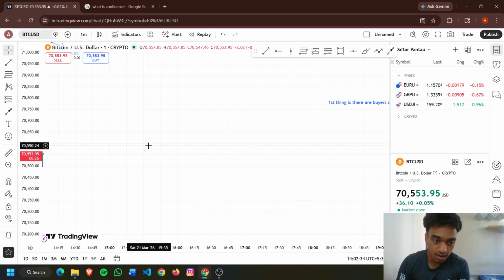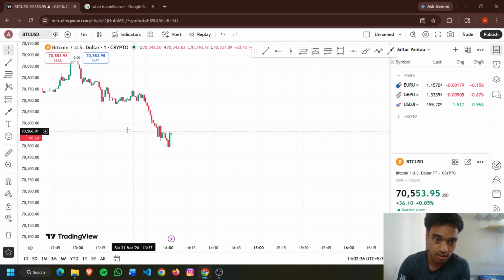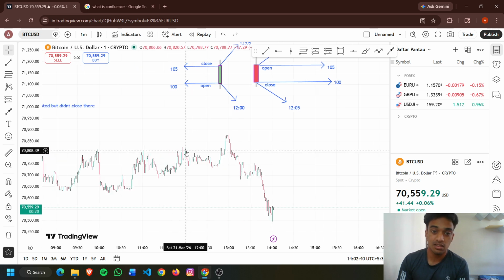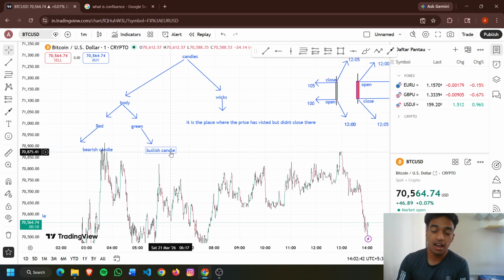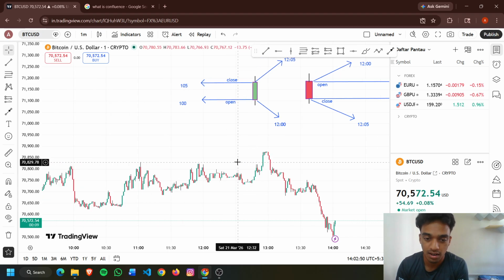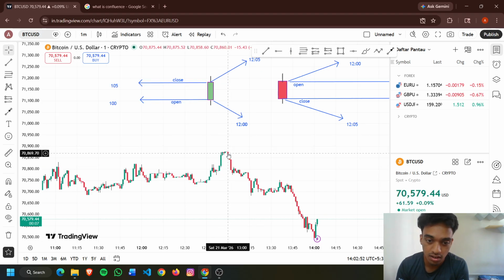So these are candles, if you can see. Yeah, these black and green ones. So candles have two parts. Okay, first part is called body. Body of the candle is usually this green and red part. Red and green is for the bullish candles.